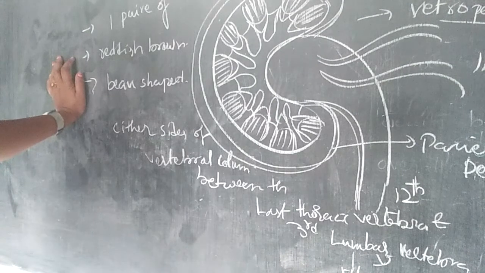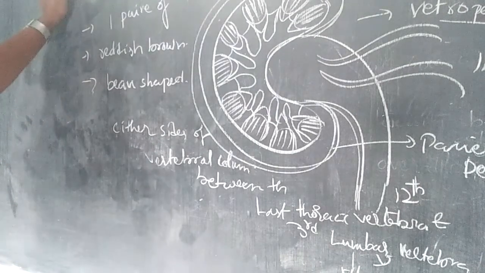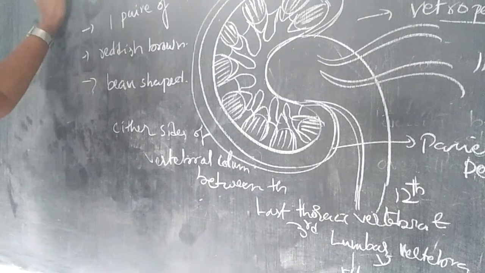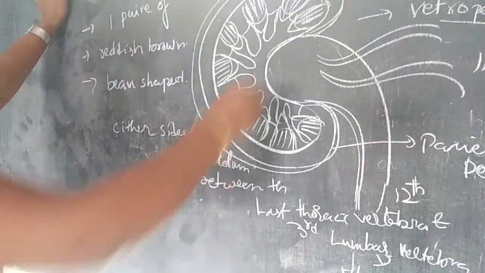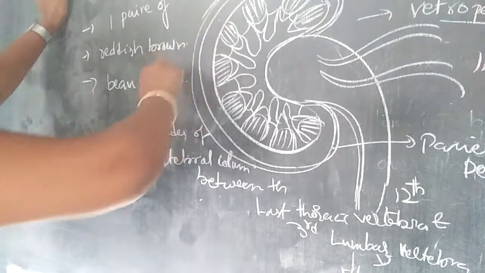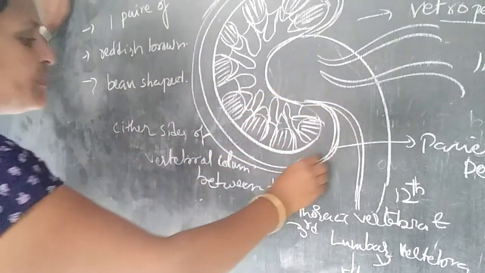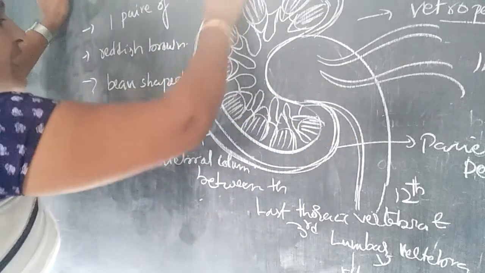First of all, the external structure of the kidney.